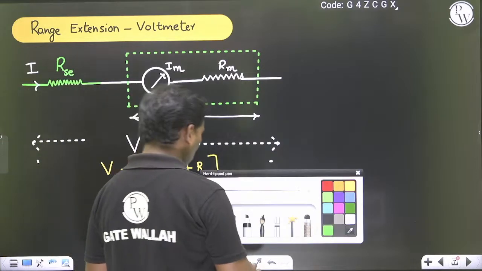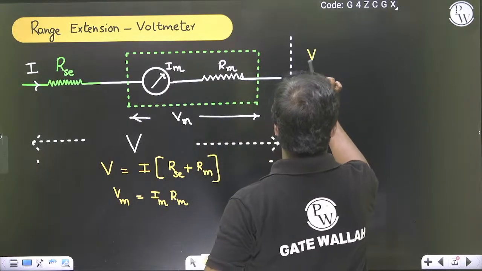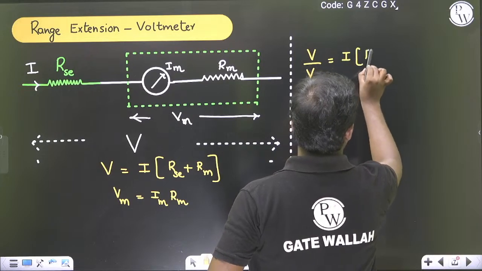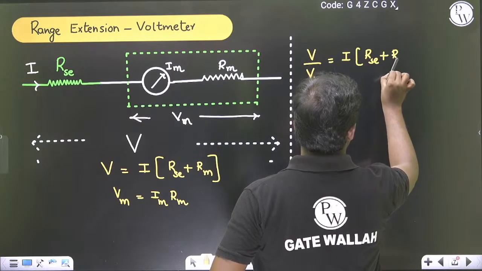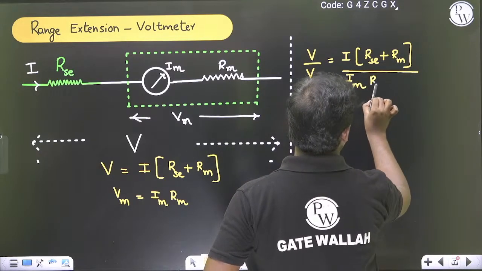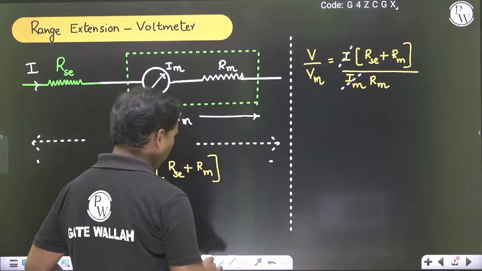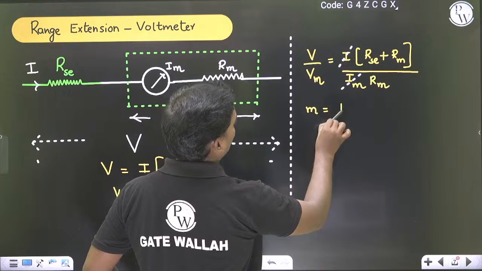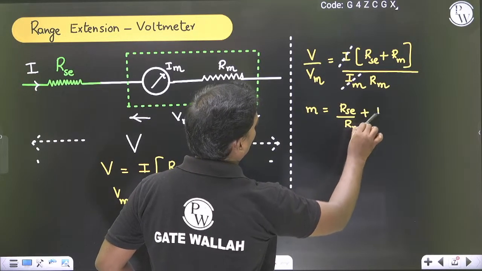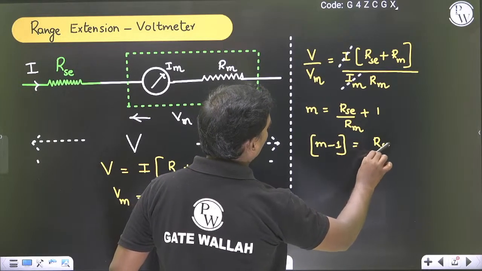If you take the ratio of V by Vm, that is going to become I into (RSC plus Rm) the whole divided by Im into Rm. So these two are going to be cancelled. So this is a multiplying factor. This is RSC by RM plus 1. So M minus 1 is equal to RSC by RM.